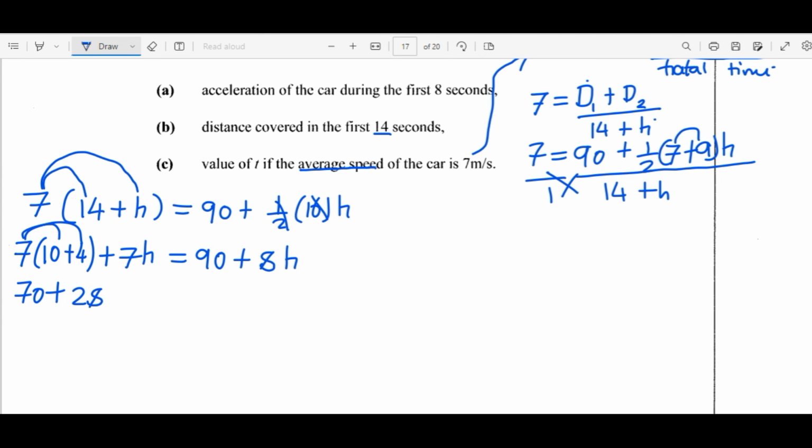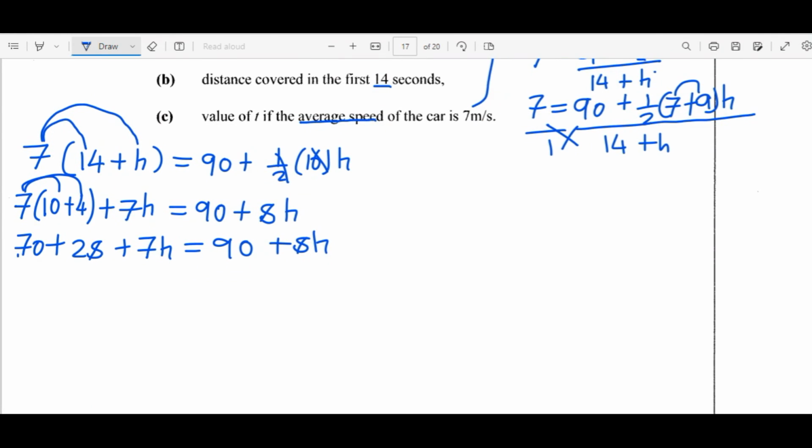At least these are simple numbers. We can add 70 plus 28, which is 98. So 98 plus 7h is equal to 90 plus 8h.